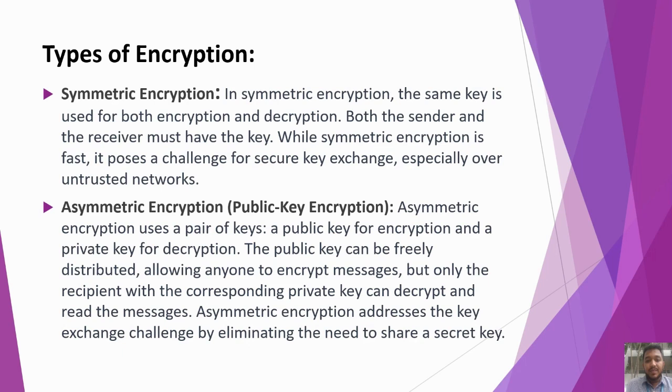Asymmetric encryption uses a pair of keys, a public key for encryption and a private key for decryption. The public key can be freely distributed, allowing anyone to encrypt messages, but only the recipient with the corresponding private key can decrypt and read the messages. Asymmetric encryption addresses the key exchange challenge by eliminating the need to share a secret key.